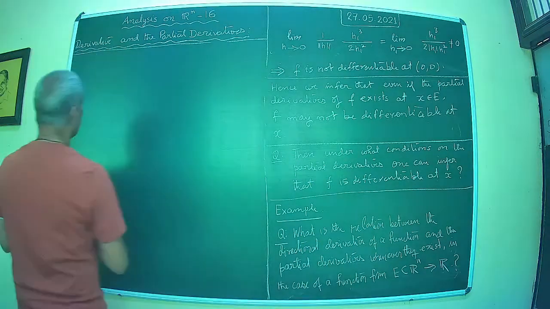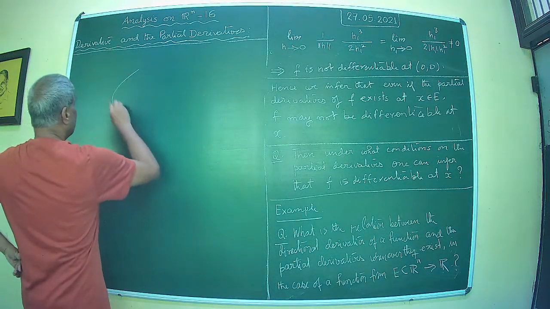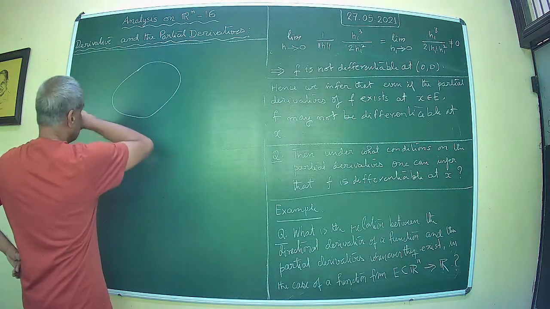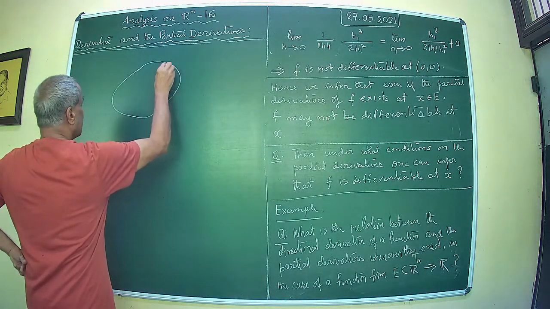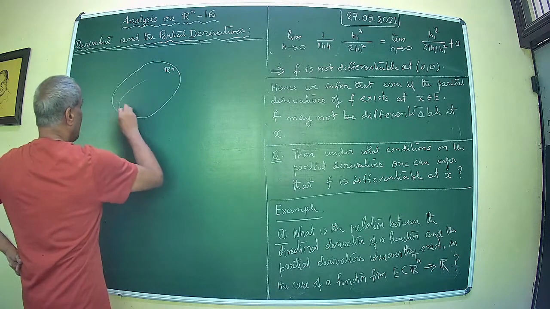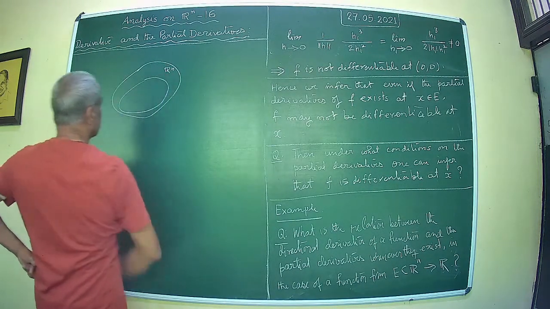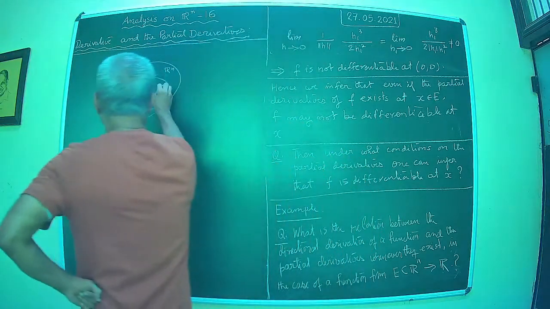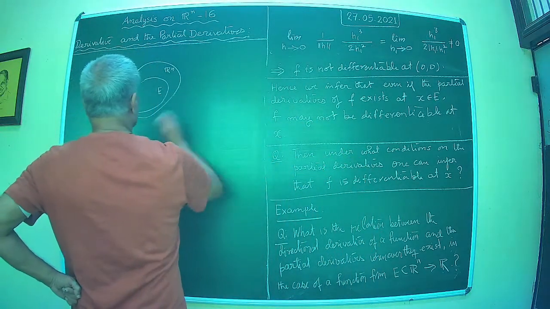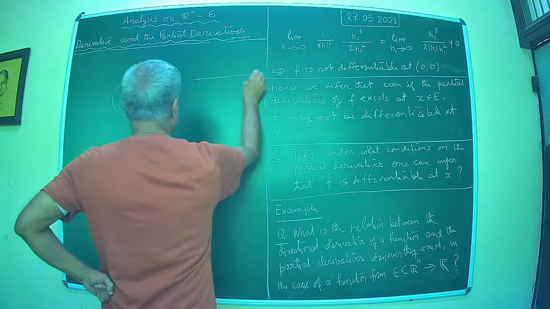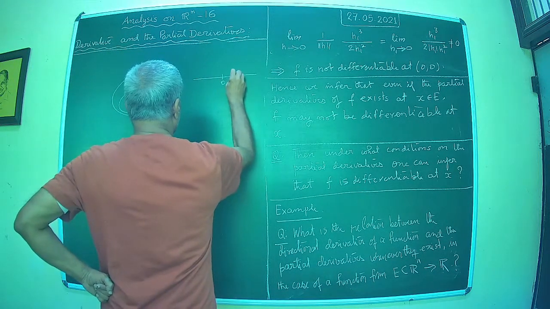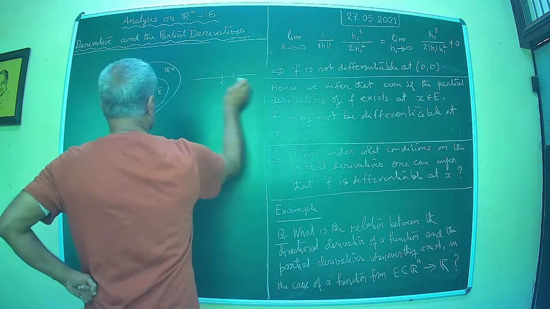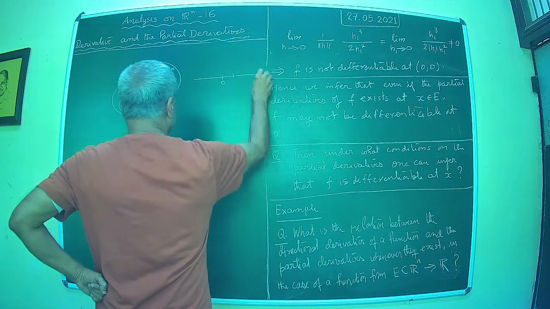So we look at this problem. So we have Rn and some open connected set E given in Rn. Now we define f, so this is a copy of R1.